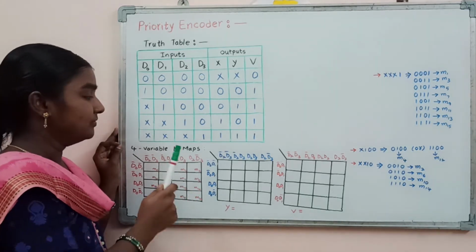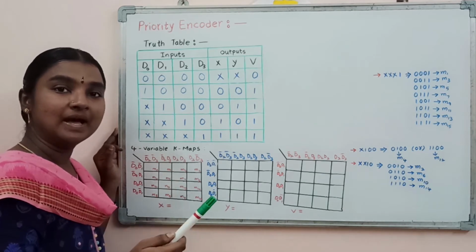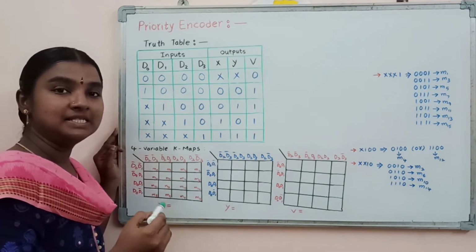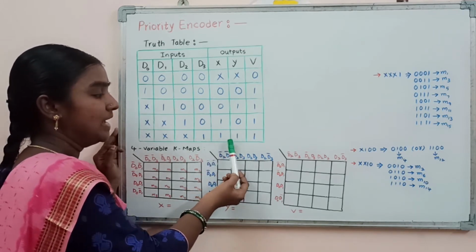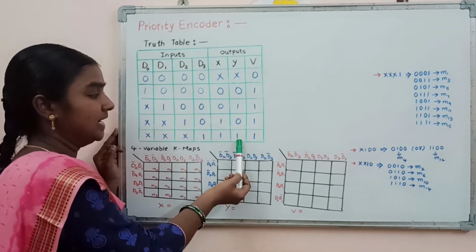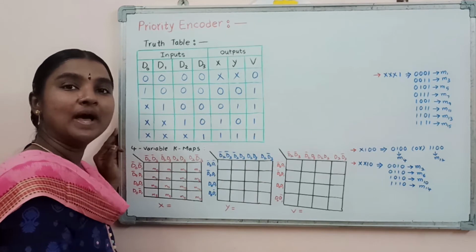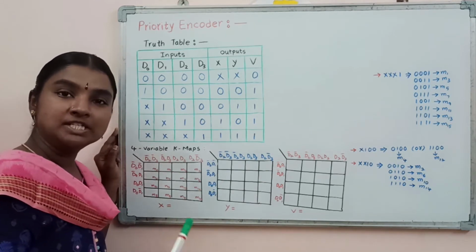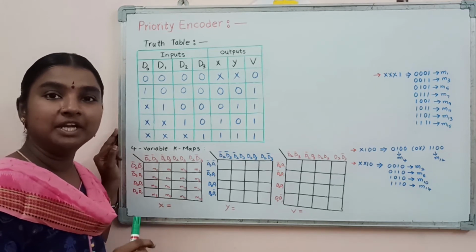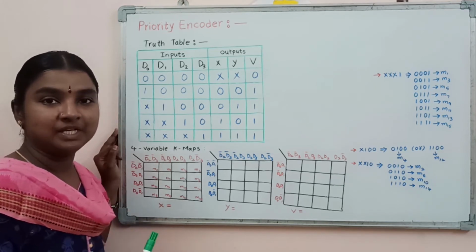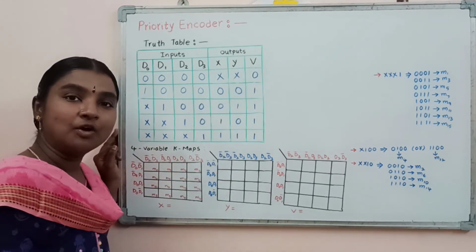Regardless of D0, D1, D2, whether 0 or 1, we give priority to the higher subscript number. The respective binary code is going to be 1, 1 at the output side, for X equal to 1 and Y equal to 1. Now to draw the logic diagram for this 4-input priority encoder, we need to find out the Boolean expressions for the X output, Y output and V output.